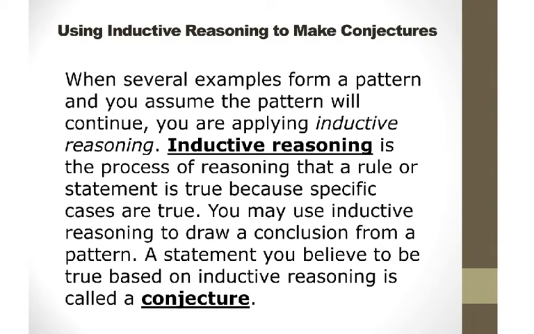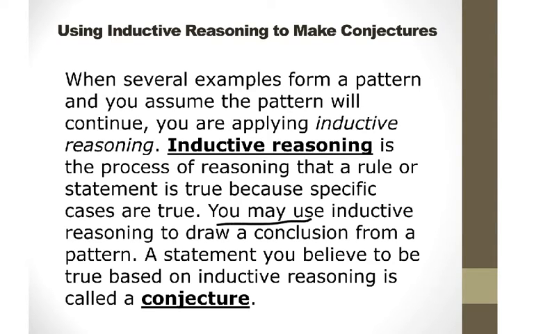So here are some definitions on what inductive reasoning is and what a conjecture is. It says, when several examples form a pattern and you assume the pattern will continue, you are applying inductive reasoning. Inductive reasoning is the process of reasoning that a rule or statement is true because specific cases are true.